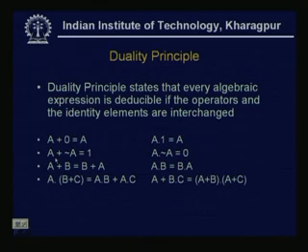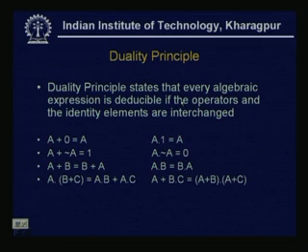So, here the operators are again plus and dot. So, if we take a plus 0, this is equal to a, because 0 is the identity element, additive identity. Now, if we replace the plus by dot and 0 by 1, we will be getting the same thing.